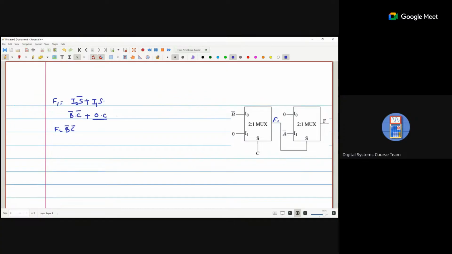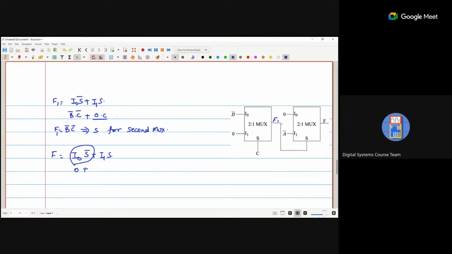Now this F1 will be applied at I0 for the second mux. Again, we write the equation: F is I0 S bar plus I1 S. Okay, so I1 is 0, and multiplying with 0 is always 0, so this term is always 0.